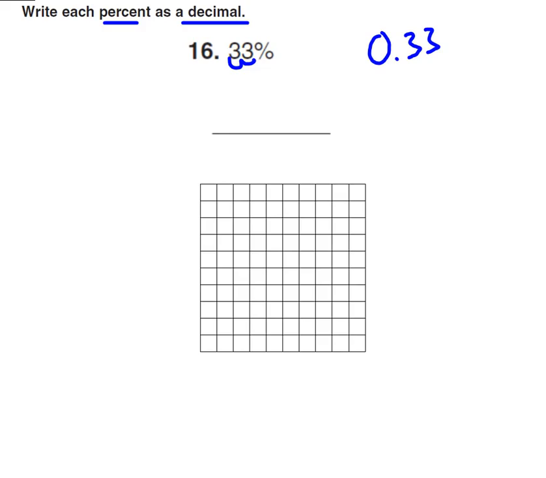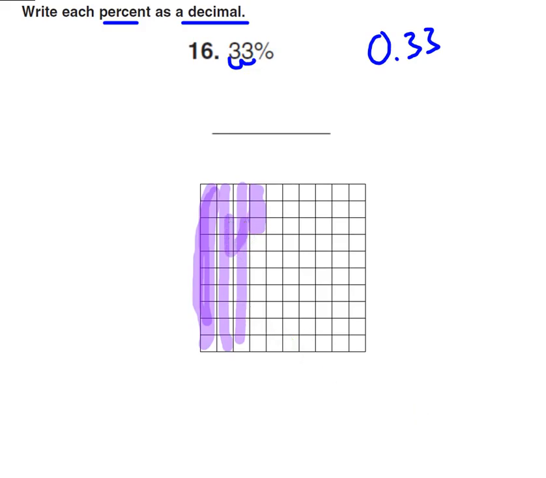So that is essentially 33 hundredths. And let me just color this in a little bit. So 33% looks like this. This is 10, 20, 33. So 33% of this is shaded in.